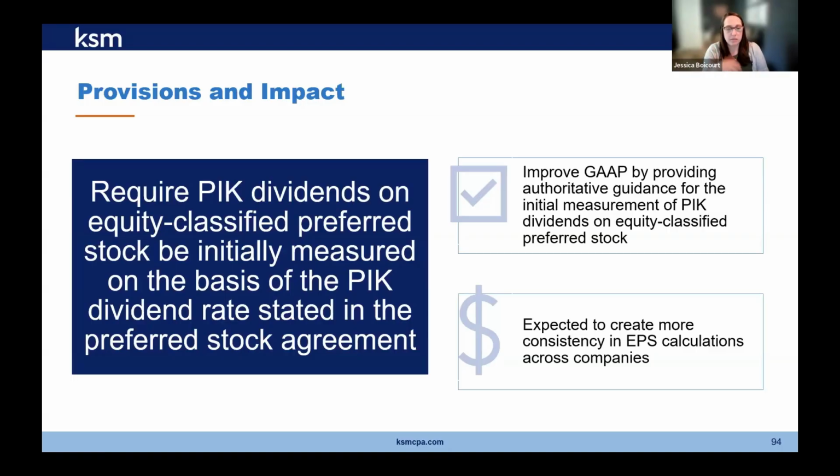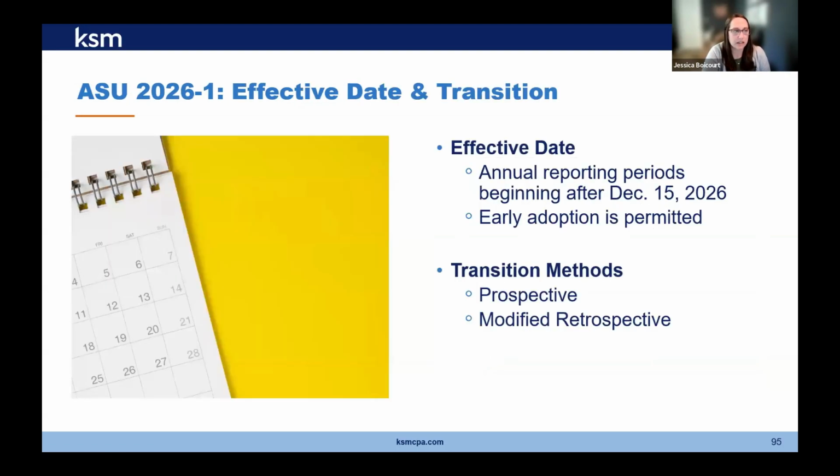I think in the past, people were using all different methods to do that and had a kind of diversity in practice there. This is also expected to create more consistency for earnings per share calculations. We don't have very many clients, again, that do earnings per share calculations, so I think this will more likely impact public companies.